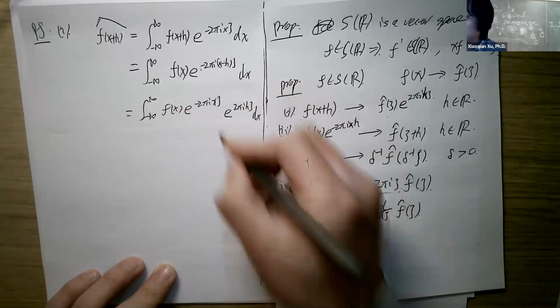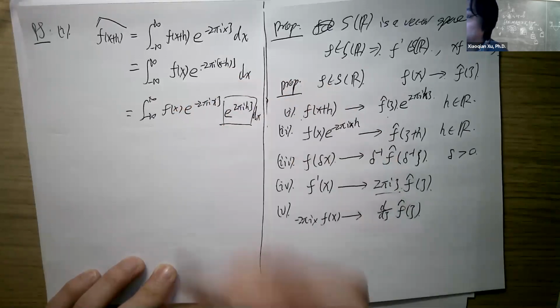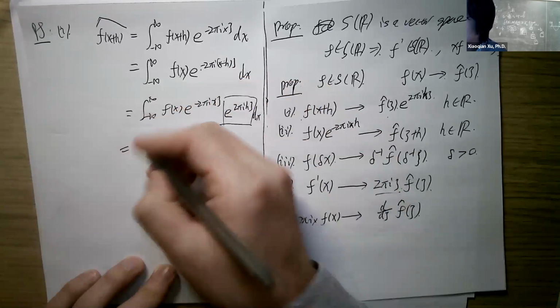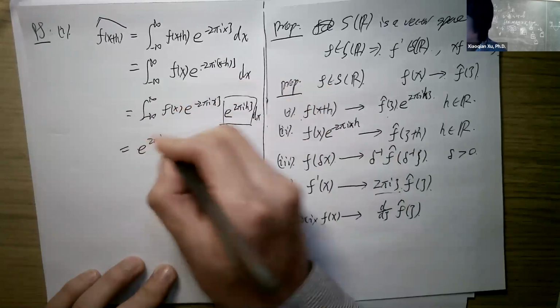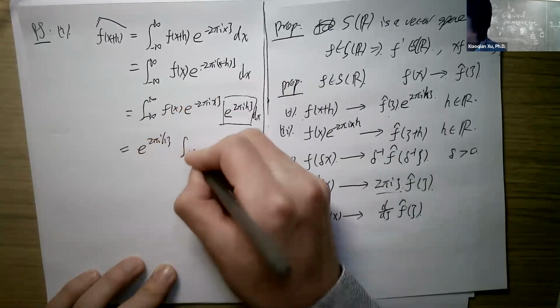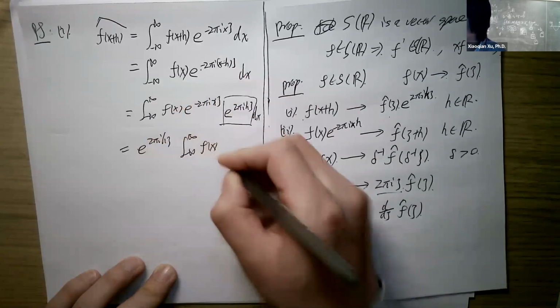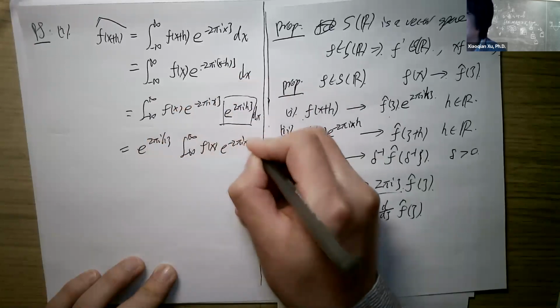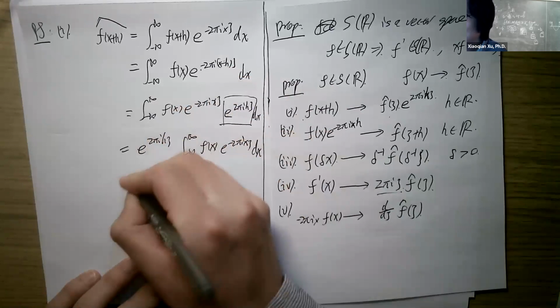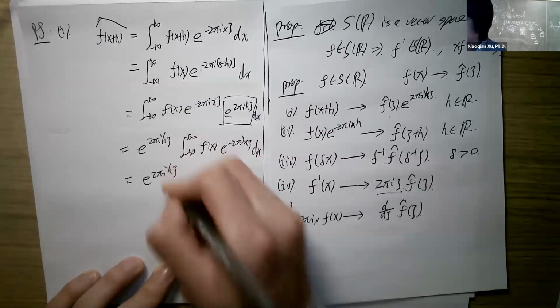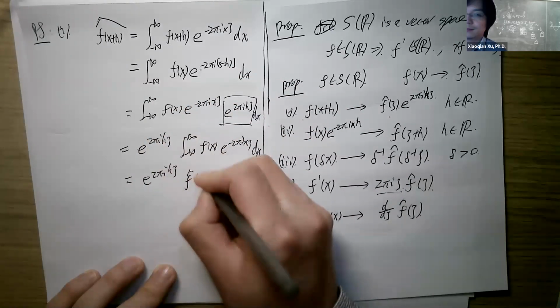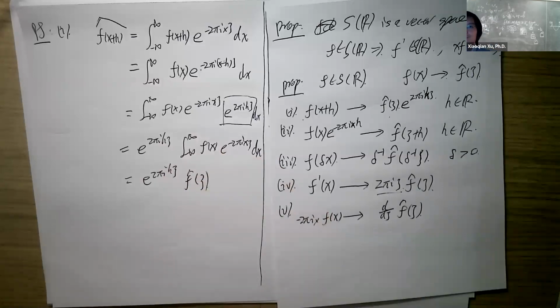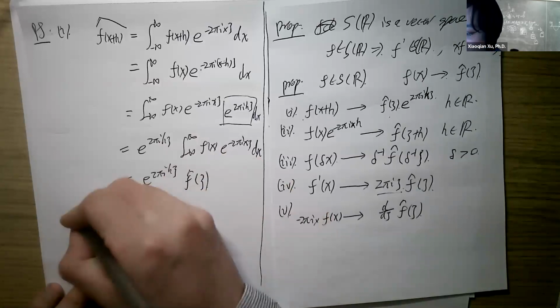This part doesn't depend on x, so you can bring it out. e to the 2 pi i h c, you take this integral of f(x). Okay, which is what we want. You can see that, not very hard, right? It's just to bring out, do some algebra.